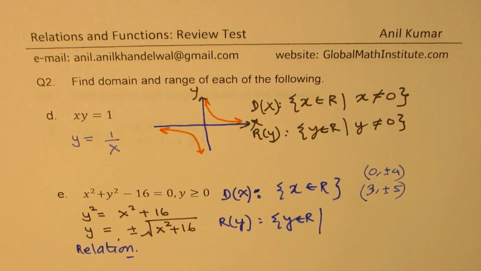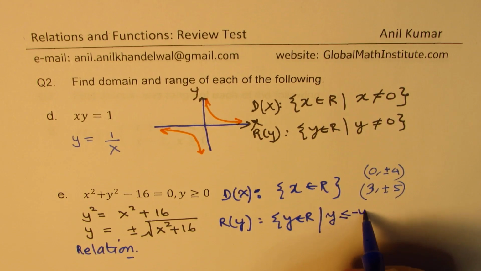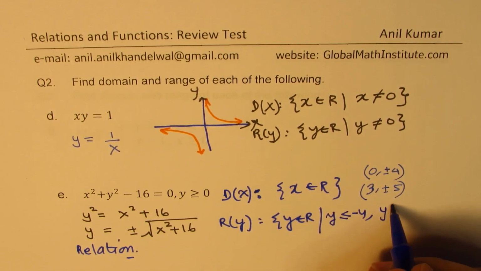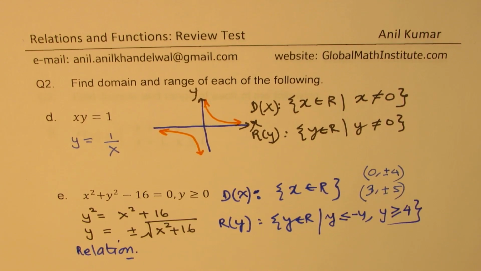So what we notice here is that this value is never in between plus and minus 4. So for this particular function, this is a test question. The range will be that the y value is either less than equal to minus 4 or y value is greater than equal to 4. Does it make sense to you? Right?